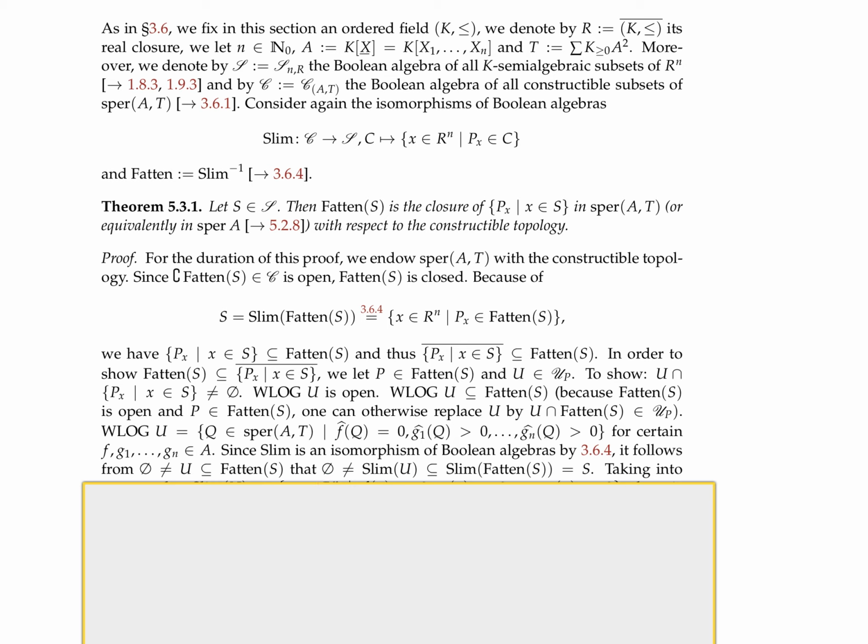Remember we wanted to show that U intersected with the set is non-empty. Maybe let's color this to show what's this.